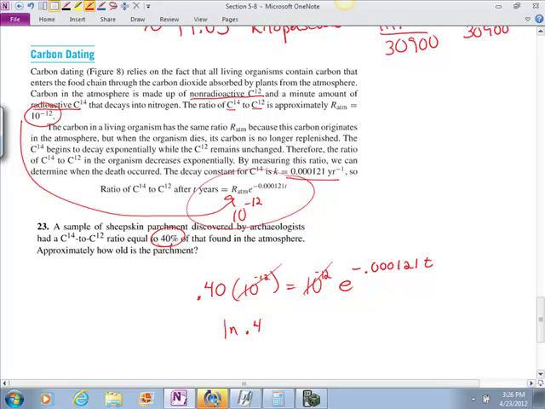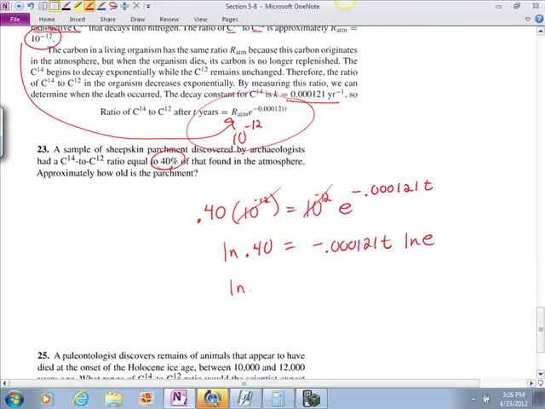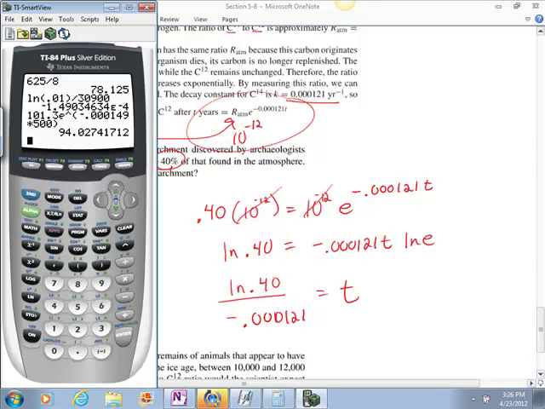The ln of 0.40 is just going to be negative 0.000121 t ln e. And the ln e, of course, is just 1. So ln 0.40 divided by negative 0.000121 is going to be equal to about how old it is.